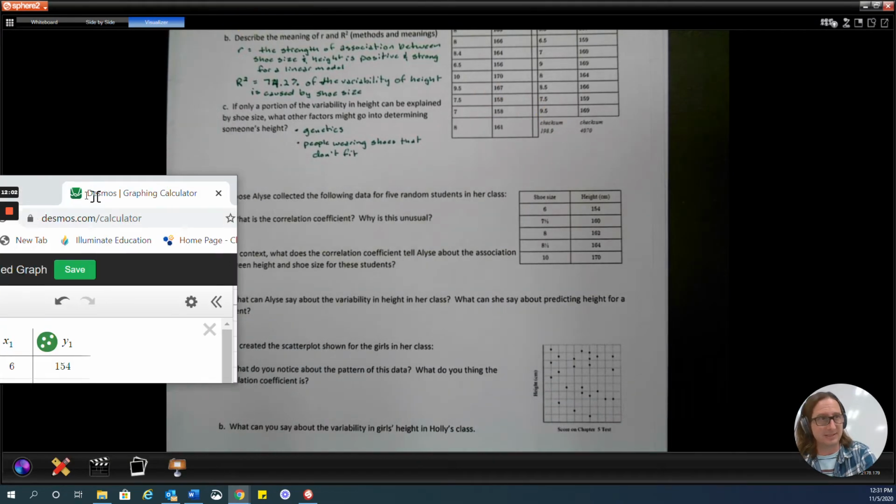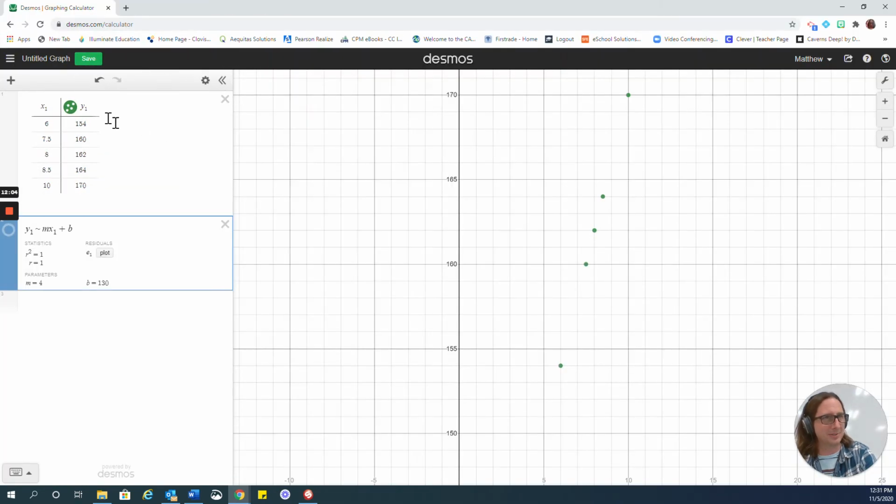Okay, so I made another Desmos because I'm so good. And here's our new data that Elise did. And looking at that, oh my goodness, it looks like it's a straight line. It really does. Well, let's make a least squares regression line for it and see if it is indeed a straight line.